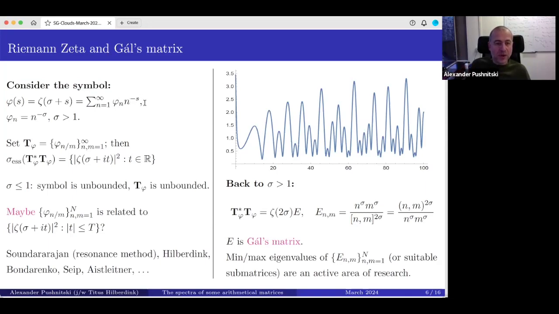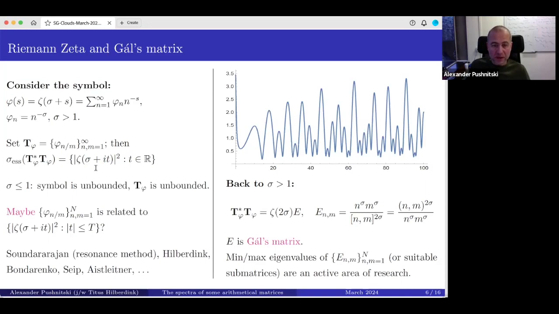Let's just imagine we consider the multiplicative Toeplitz operator whose series of coefficients is given by this formula. So then you can check that this will be non-self-adjoint, but if you consider this kind of self-adjoint version, T star T, then its essential spectrum will be precisely given by the values of Riemann zeta on the line with the abscissa sigma.